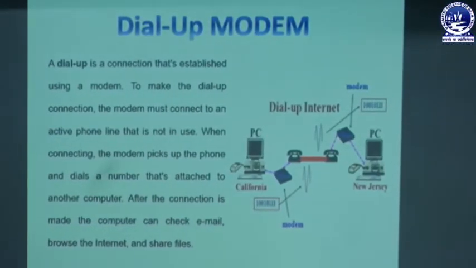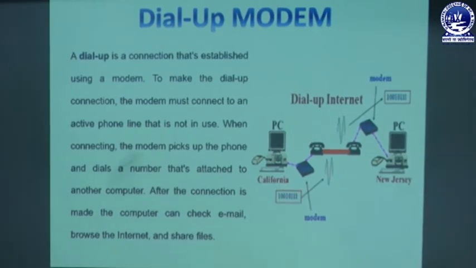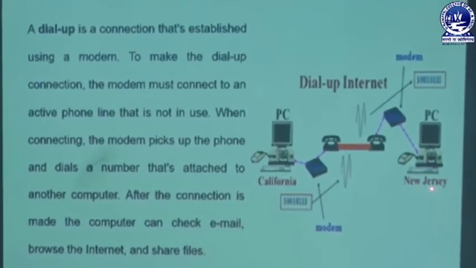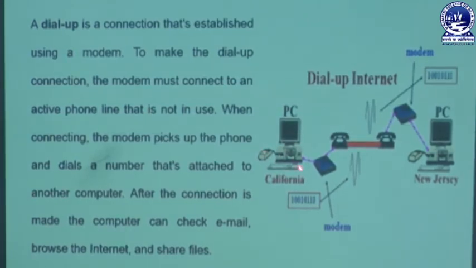This is a PC, let's say in California, and another PC at New Jersey. Whenever they are transmitting signals, they use the dial-up connection. Here you can see there is a telephone line and here also a telephone line. Dial-up connection was introduced and is performed by the telephone companies, so we need a landline phone in order to connect to the internet.